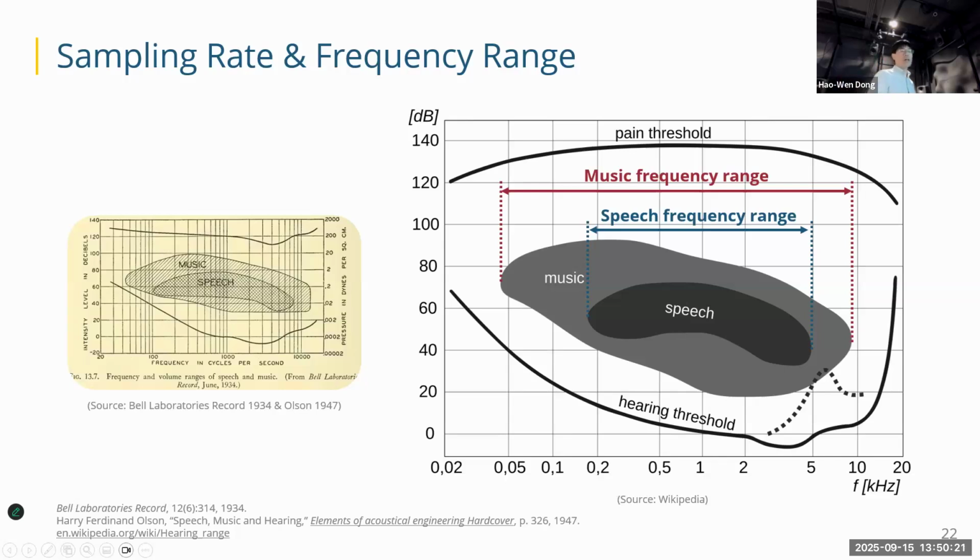So if you want to do music, then at least you need 20K hertz to faithfully recover all the frequencies it covered. But still, nowadays people are using 44.1 because that covers pretty much the whole human hearing range.